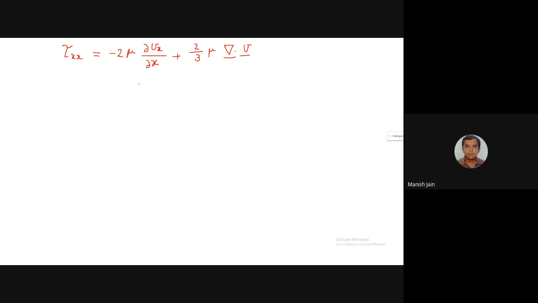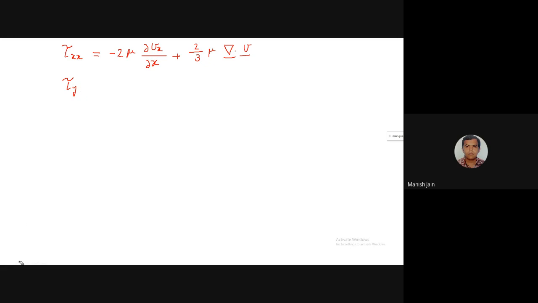And then the second term is tau yy. First I am writing the normal components.